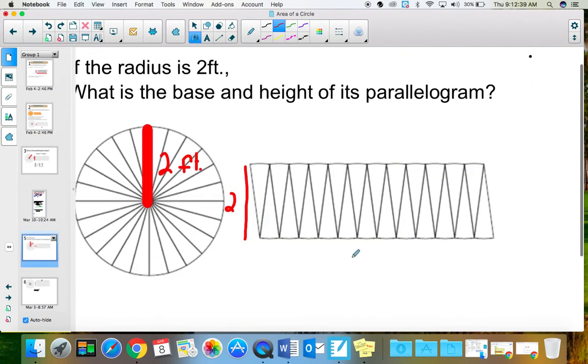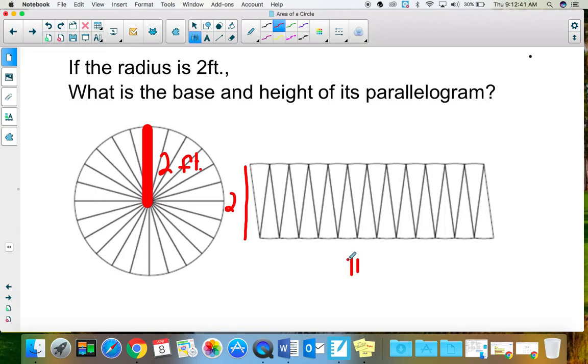So all we have to do is go pi times r to find out what our base is. Let's do that. I'm going to use my scientific calculator here. Pi times r, which is 2, equals, so our base equals 6.28, rounded to 2 decimal places.